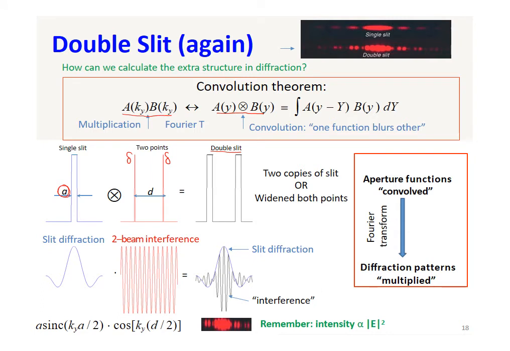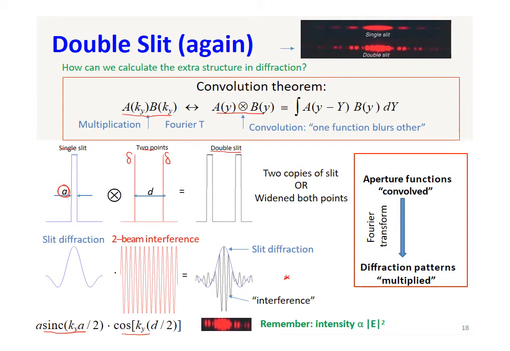And since we already know the transform for a single slit or for 2 delta functions, we can work out what is going to be the product of their transforms. So single slit diffraction will give us a sinc function. The 2 delta functions give us a cosine. Multiply those two together and we will have our real double slit interference pattern.